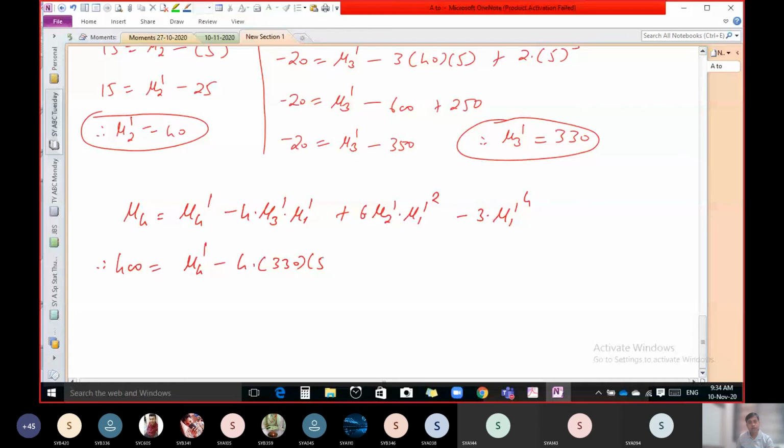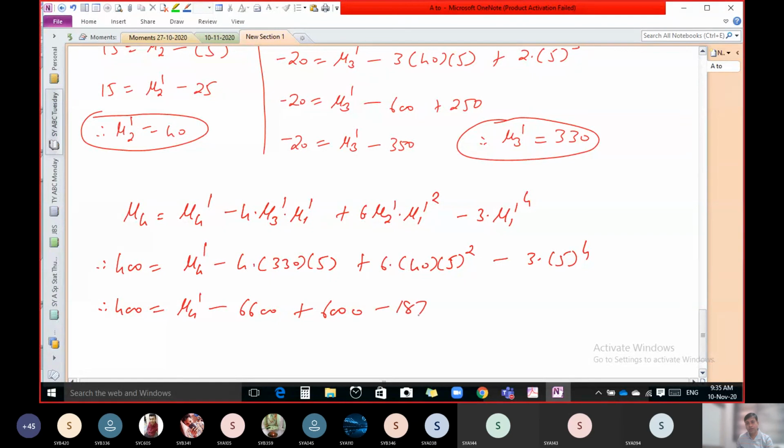Simple calculation. 20 into 330 is 6600. 5 square, 25, into 40 into 6 is 6000. 5 raised to 4 is 625 into 3 is 1875. So 400 equal to mu4 dash minus 6600 plus 6000 minus 1875, that is minus 2475. Take minus 2475 to the other side. So we get 2875. This is our mu4 dash.